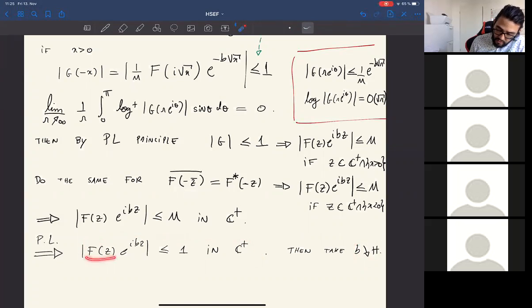Again, recall that this thing is getting greater and greater when you send b to minus infinity in the upper half plane. This thing is exploding, so it has to stop at some point. Therefore h is finite, and then I can put the h here and I conclude.